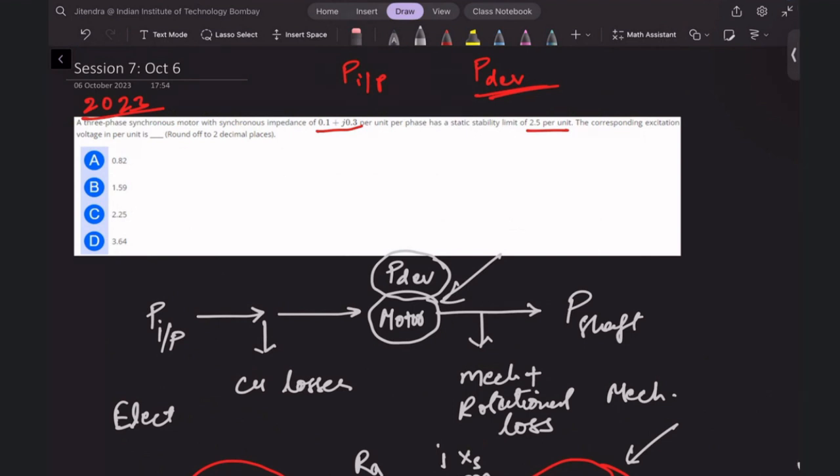Yes, sir. Sir, how did you assume that VT is 1 per unit? See, generally, you could have assumed EF also as 1 per unit. You have to take any one as a reference, right?